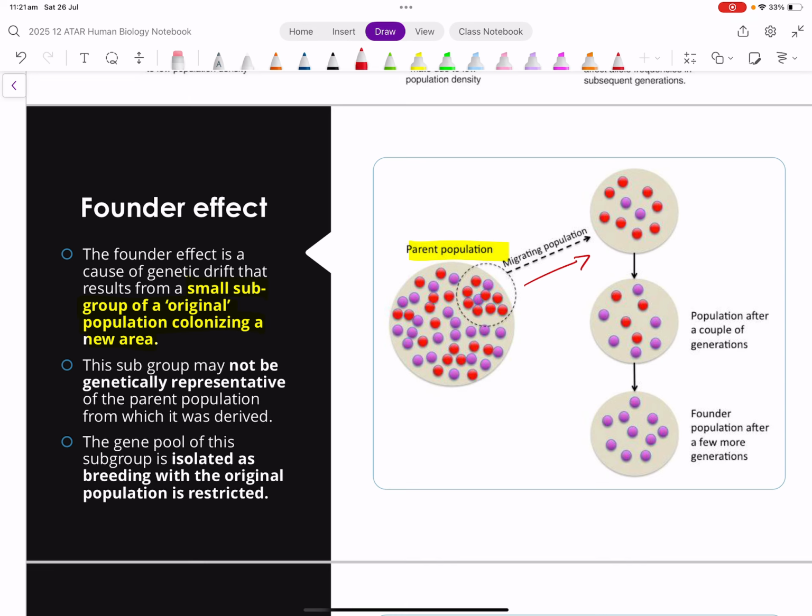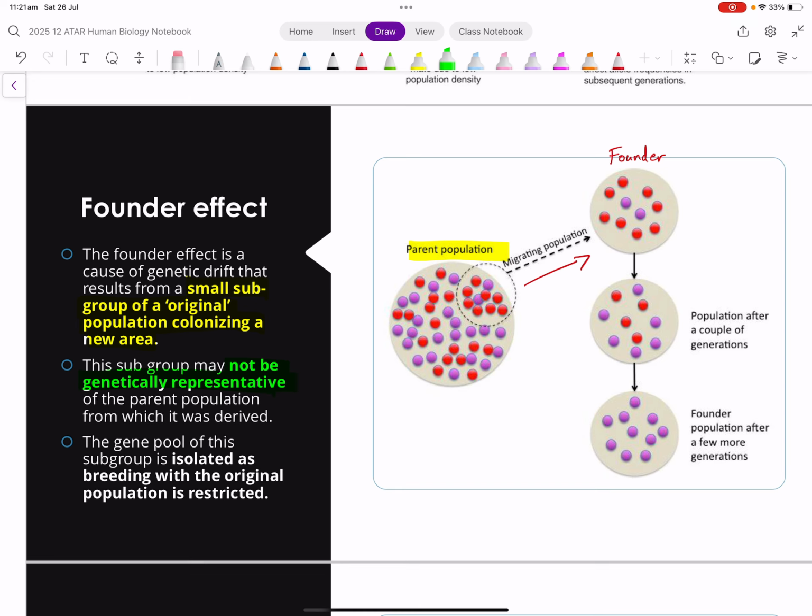So this becomes the founder population, or the new population. And what you'll notice is that that founder subgroup is not genetically representative of the original population, where there was roughly, let's say, a 50-50 proportion between the red and the purple allele.